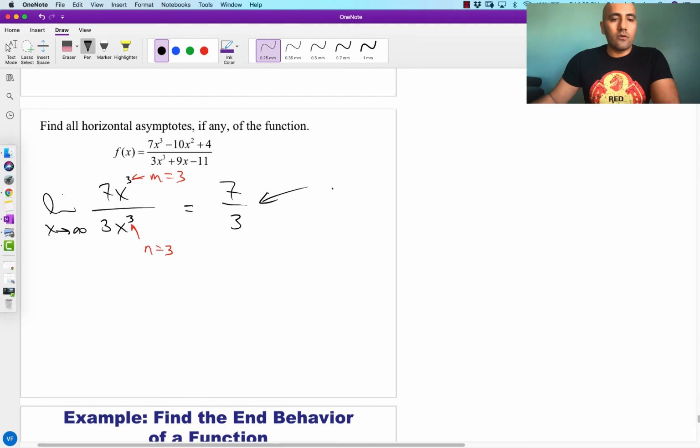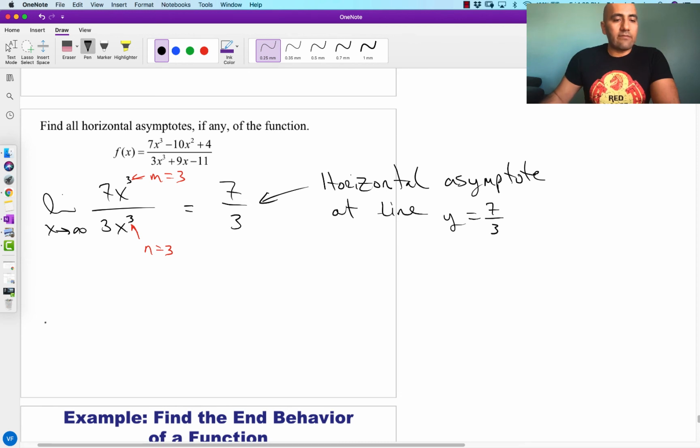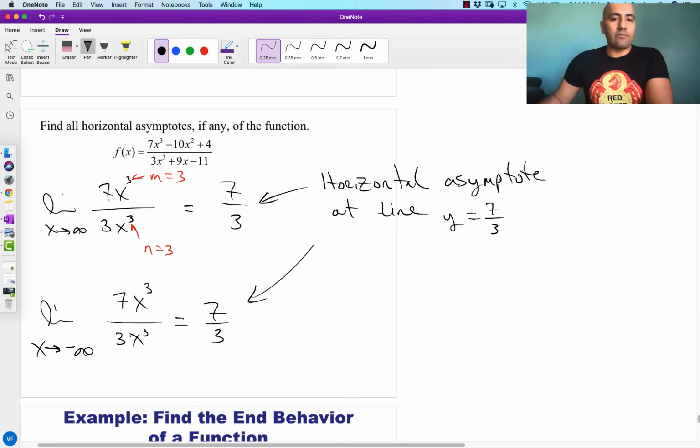Okay, so horizontal asymptote, and exactly the same thing happens whether you have positive or negative infinity. So the limit as x approaches negative infinity of 7x to the third power over 3x to the third power is still going to be equal to 7/3. So you get the same answer from both sides.